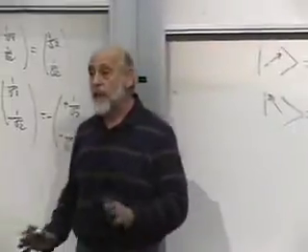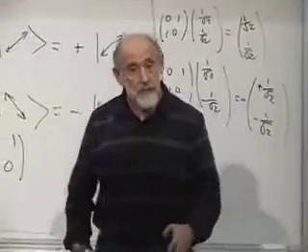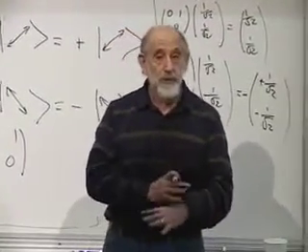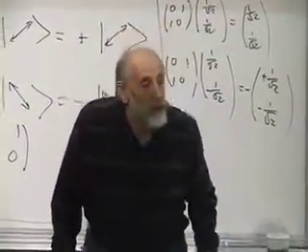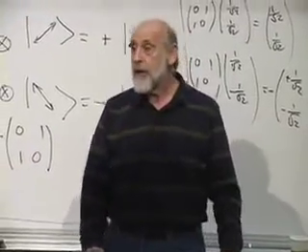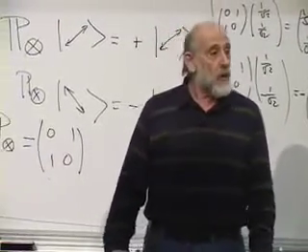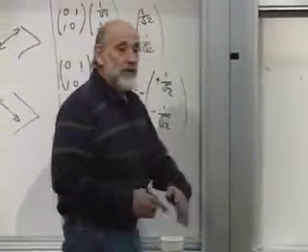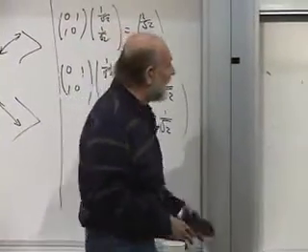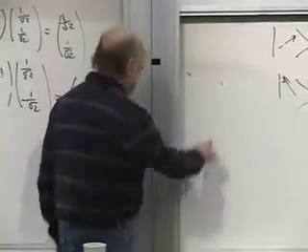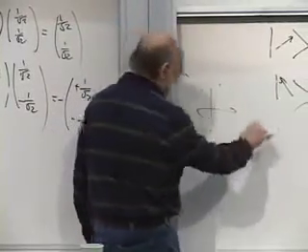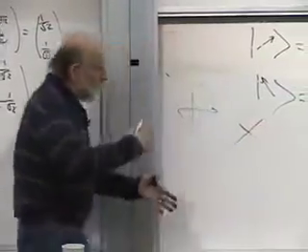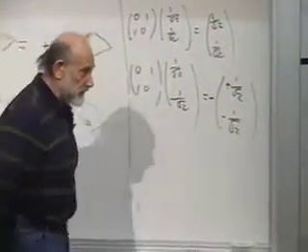There are no common eigenvectors, and this means that these two polarizations are incompatible. You cannot measure both of them simultaneously. In other words, there is no polarization experiment which can tell you simultaneously what the xy polarization is and what the rotated polarization is.